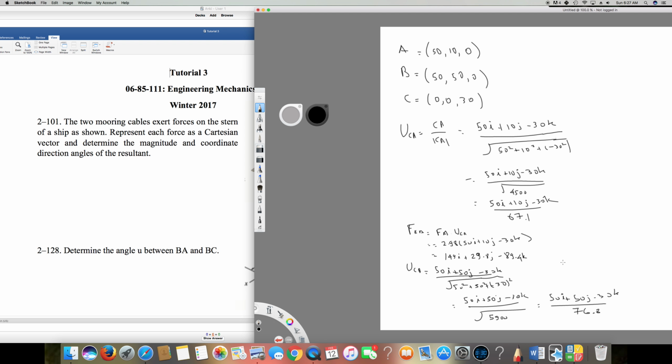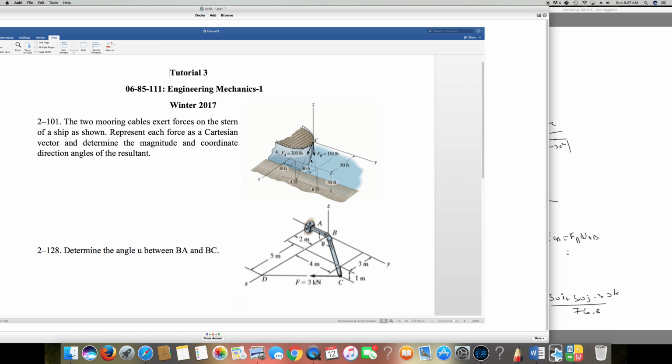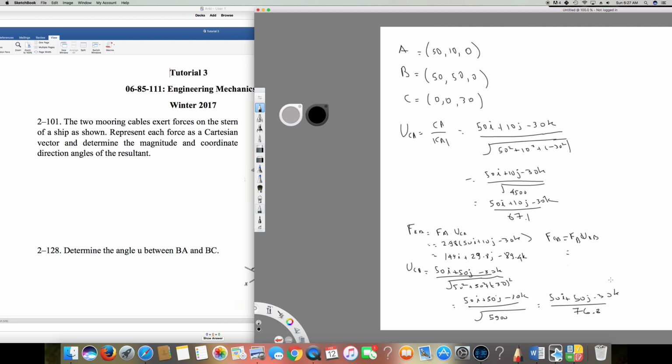So now I can calculate FCB with this information. FCB is going to be equal to FB times UCB. FB is given, it's 150 lb. So first of all, I can just divide 150 by 76.8 and then simply multiply this by everything.